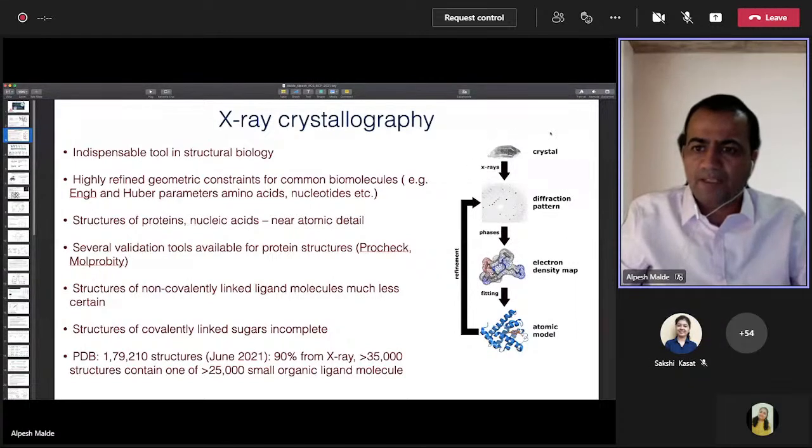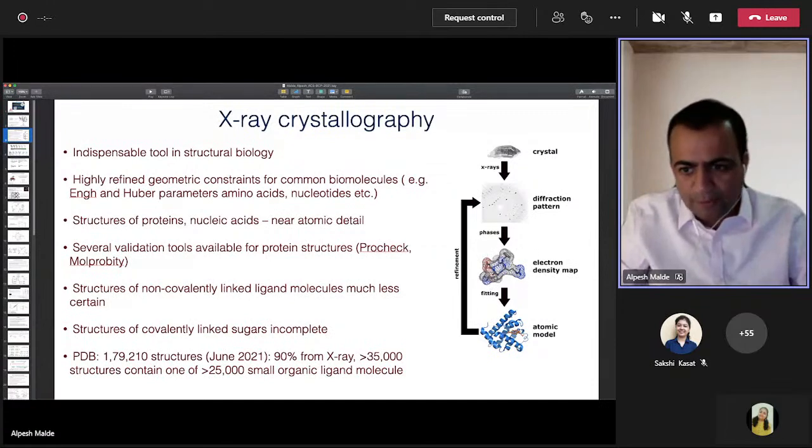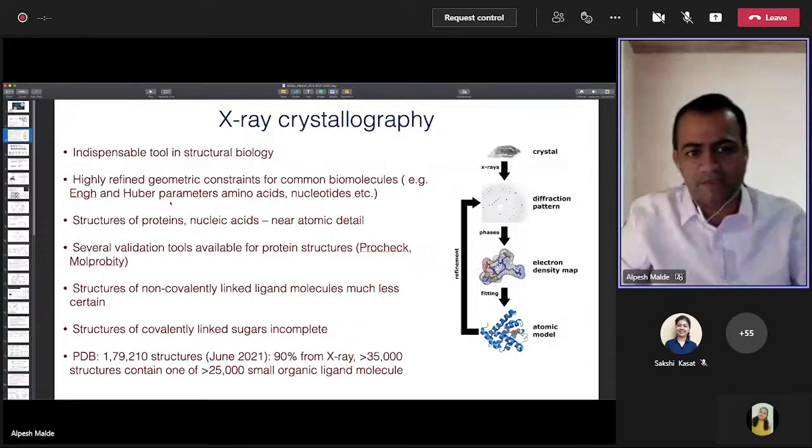So what happens when we solve the structure using X-ray crystallography? At the end of processing that data, what you get is a beautiful electron density. Now that electron density translates to a particular structure. That is all governed by the parameters we use for refining or building those structural models. For example, if we have proteins or biomolecules, or nucleotides, we have very refined parameters and constraints.